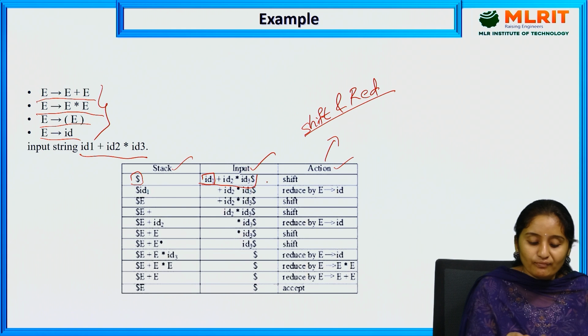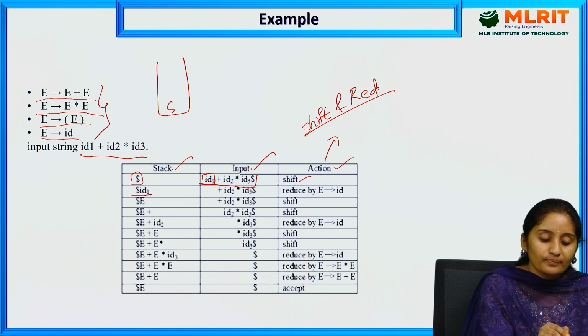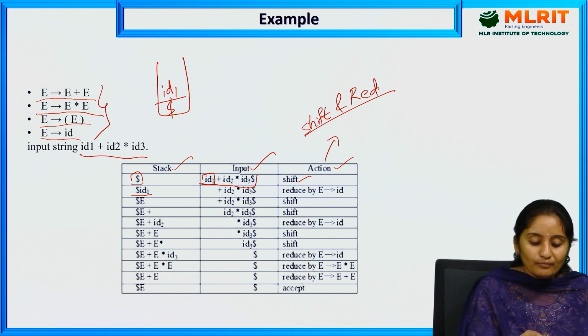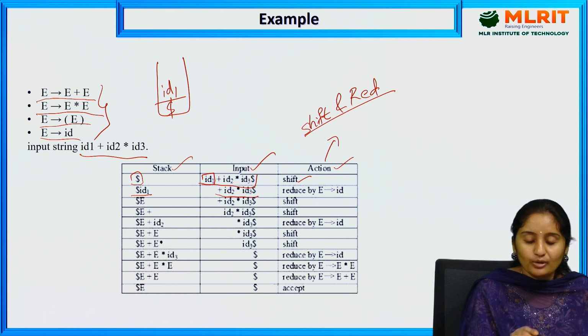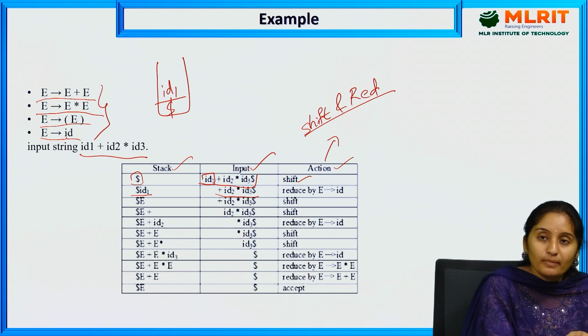ID1. So what type of action am I going to do? Shift. It is shifted onto the stack: $ and ID1. Now, the remaining elements present in my input are plus ID2 star ID3 $. So check whether ID is present in my grammar.